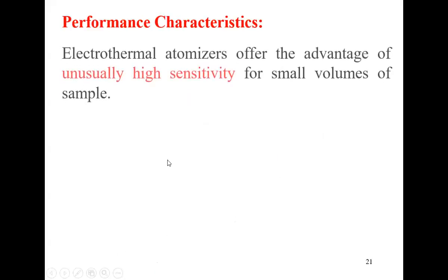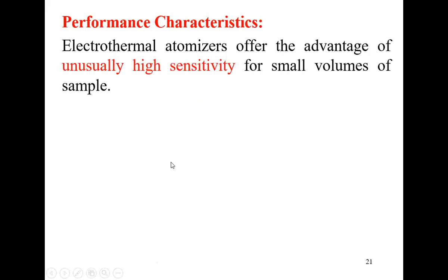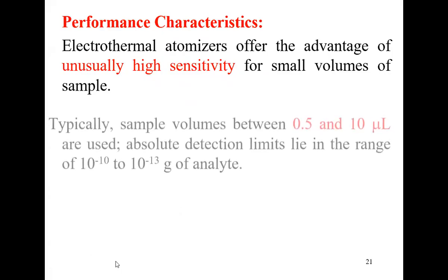Okay, the performance characteristics of electrothermal atomization. We have said electrothermal atomizers offer the advantage of unusually high sensitivity for very small volumes of the sample. Those are two advantages.